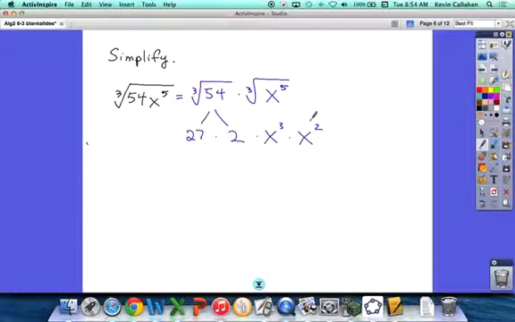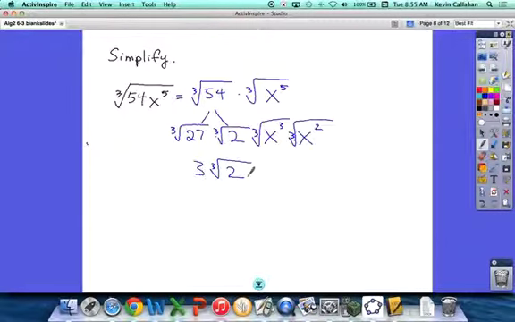Right? So now we take the cube root of all of these things. The cube root of 27 is 3. The cube root of 2 cannot be simplified.